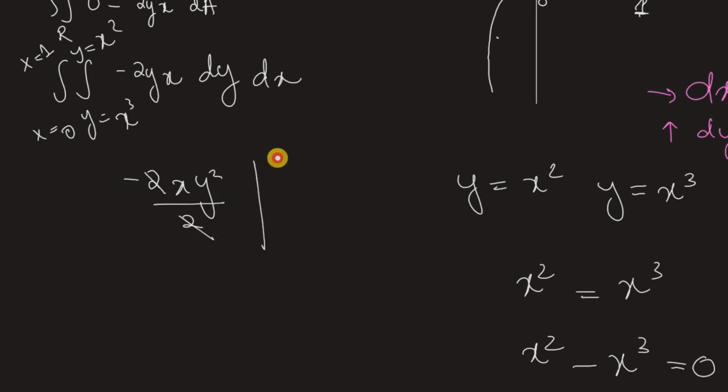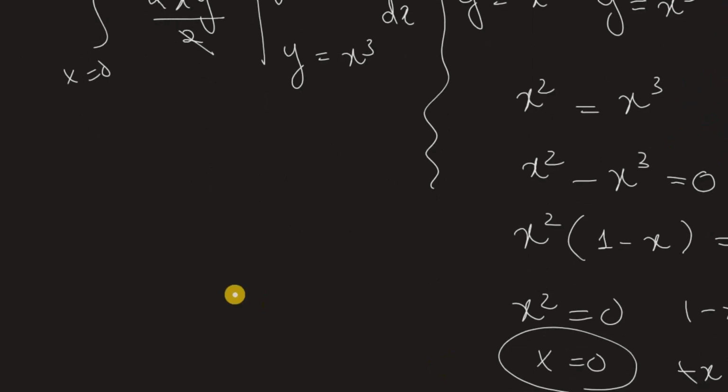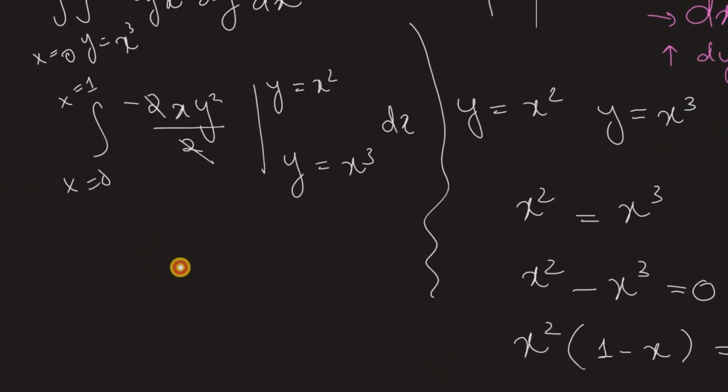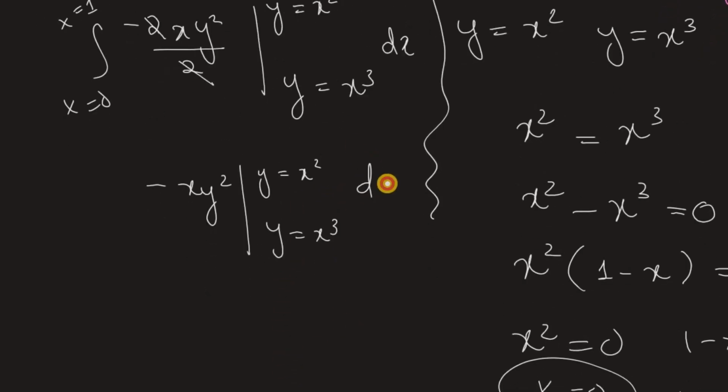And now we need to evaluate this with y equals x squared to y equals x cubed, and x from 0 to 1. Don't forget to write these. Okay, now we have negative x y squared with respect to y, from y equals x squared to y equals x cubed. And of course not forgetting these.